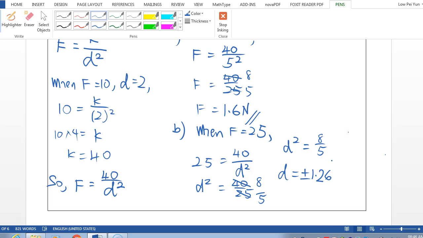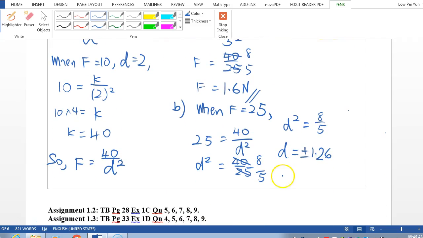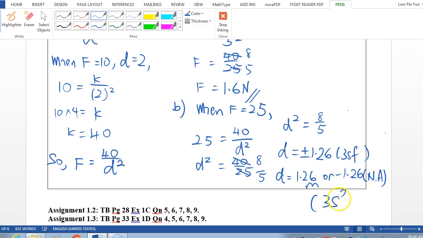But you know that distance cannot be a negative value, so you are going to reject the negative value. Just put NA, not applicable. And we are going to add in the units and write 3SF.